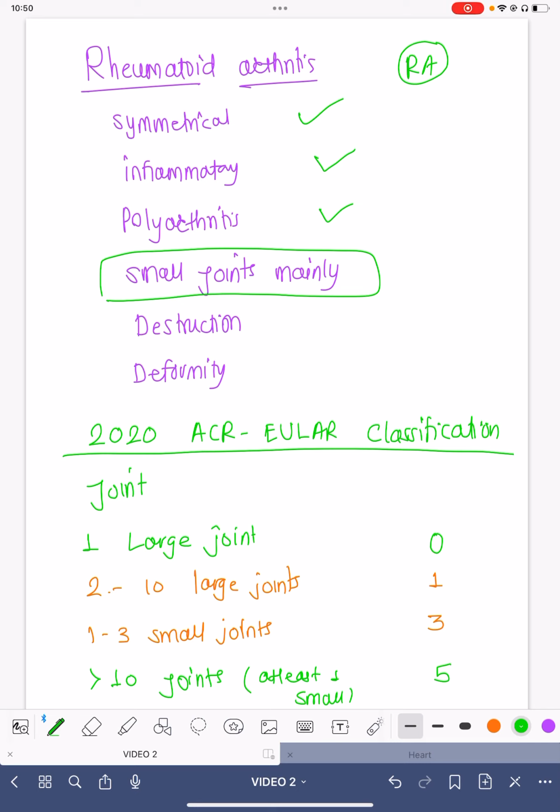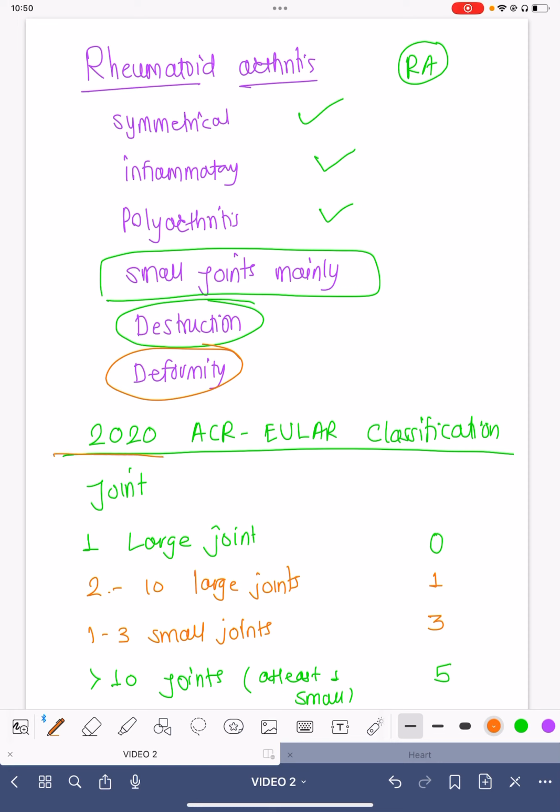If it is not well controlled, it will lead to destruction of all the joints over a period of time, and it will present with a deformity, what we call burnt out rheumatoid arthritis. Deformity is extremely common if it is not diagnosed in time or treated.